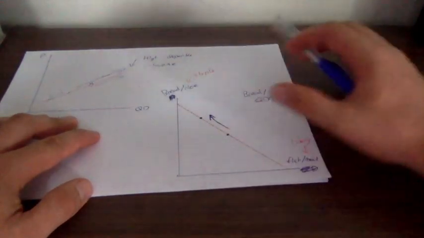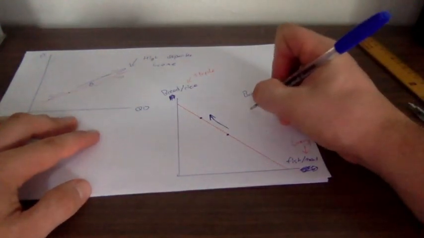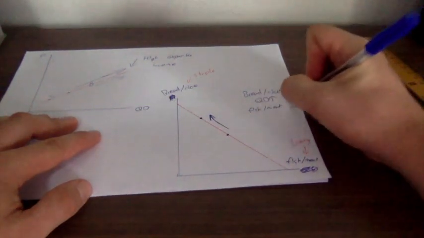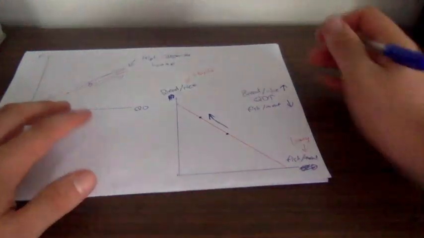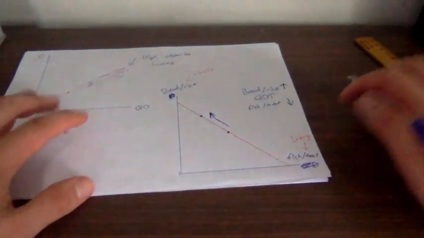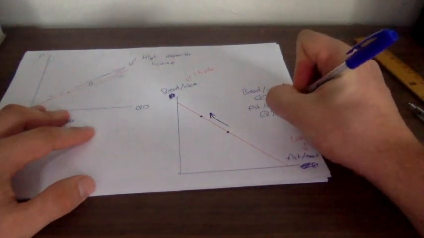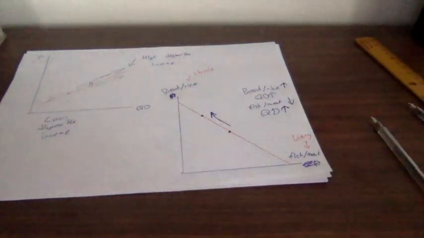Now the opposite can occur. If bread and rice stays the same, but the price of fish and meat decreases. So fish and meat decreases, so the price decreases, we're actually going to see more people start to consume some of these luxury items. So quantity demanded will increase. And this is because these luxury items have become more affordable.